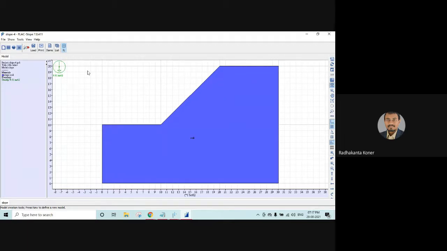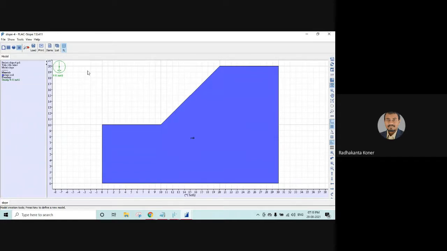Then suppose I run my model for 1000 steps. After it has been done, I will plot the history plot of that unbalanced force, and I will see whether it is increasing, or whether it is exponentially decreasing like e to the power minus x, or at some point it has flattened. If that flattened point is reached, my consideration obviously is that my solution has reached equilibrium condition.